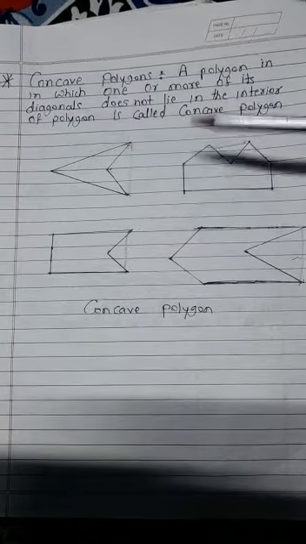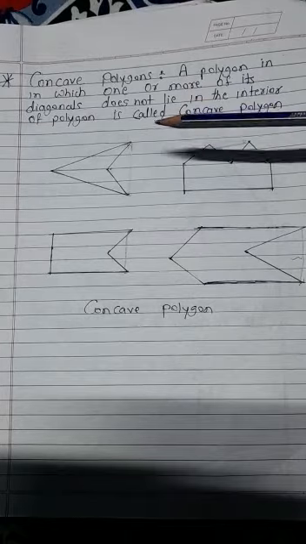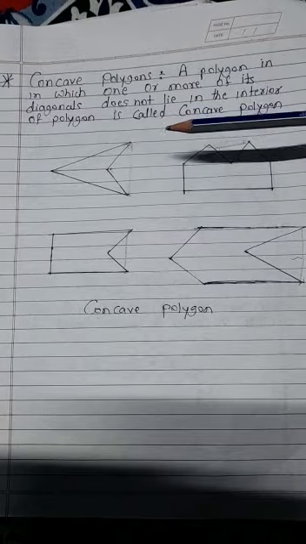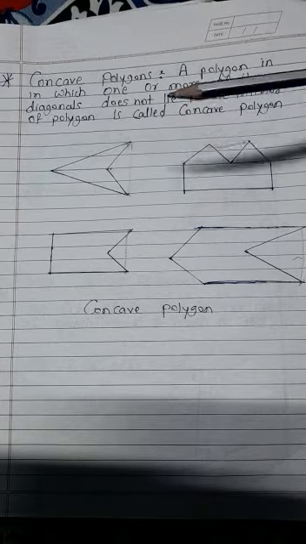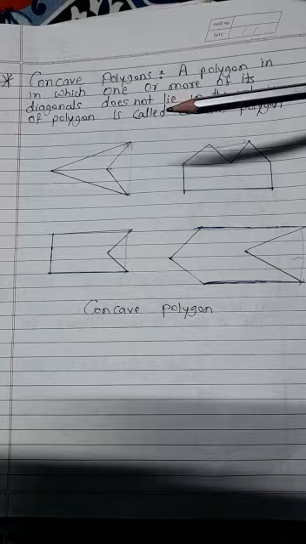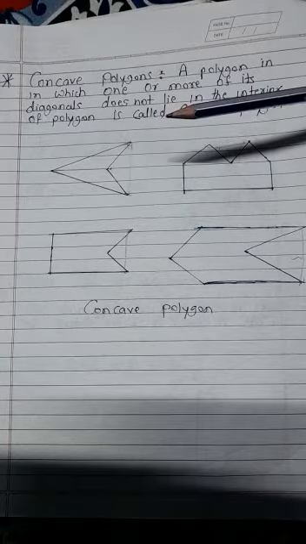Such polygons are called concave polygons. I hope it's clear to you. In a convex polygon, all the diagonals will be inside the polygon, while in a concave polygon, one or more of the diagonals will lie in the exterior of the polygon. All such polygons are called concave polygons.